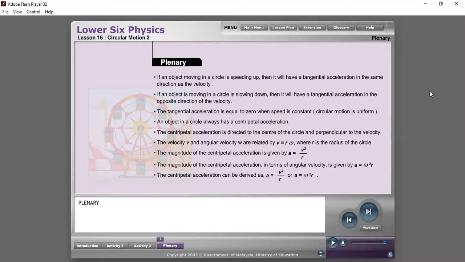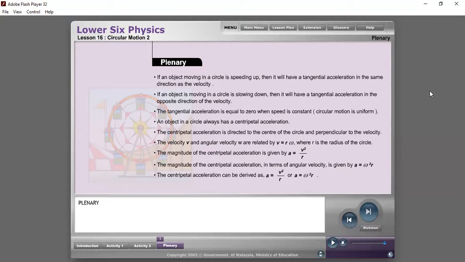The tangential acceleration is equal to 0 when speed is constant, where the circular motion is uniform. An object in a circle always has a centripetal acceleration, and the centripetal acceleration is directed to the center of the circle and perpendicular to the velocity.